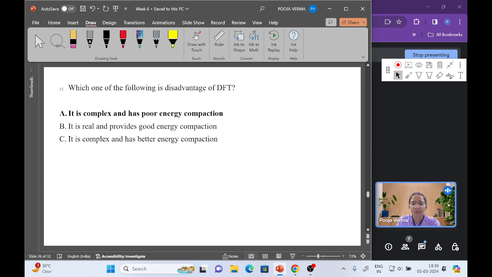Previously, we have seen that DFT is a complex signal. It carries both real and imaginary parts, while in the DCT only the cosine term is considered, which is real. So DFT is complex and does not compact the energy well, so it has poor energy compaction. So option A is the correct answer for this question. Okay.